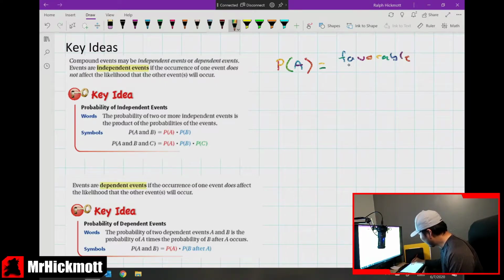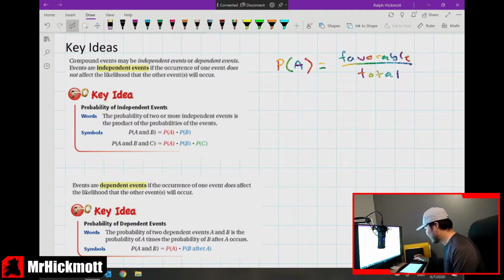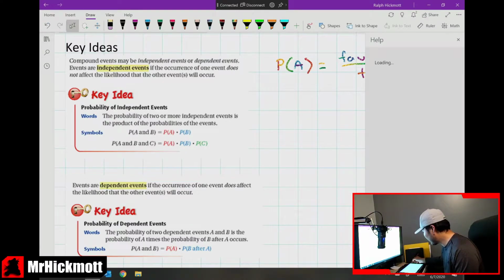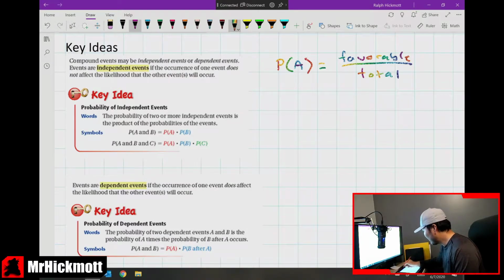But we're going to see if we can explore a few situations that relate to independent and dependent events. The situations that you're going to encounter are either going to be independent or dependent.